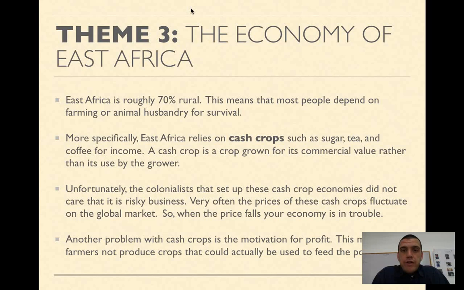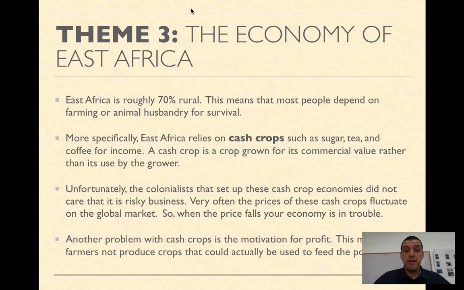So once colonialism ended, and the British pulled out, the economy continued to carry on this way, like these newly formed countries such as Kenya, Uganda, Somalia. So the people continued to grow cash crops. Unfortunately, the colonialists that set up these cash crop economies did not care that it's a risky business.